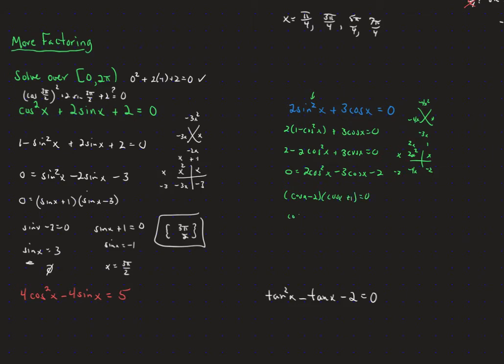We've seen this before. On that first one, cosine of x is equal to 2, but the biggest cosine can ever be is 1, so that's not going to give us any solutions. Cosine x is negative 1 when x is pi. We'll check it back in the original.